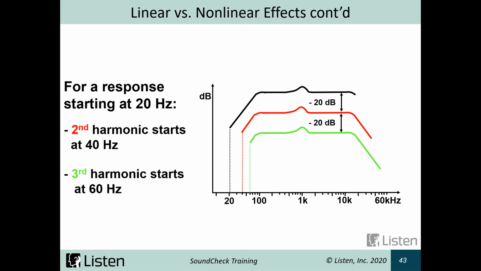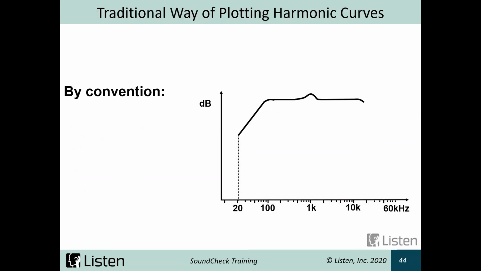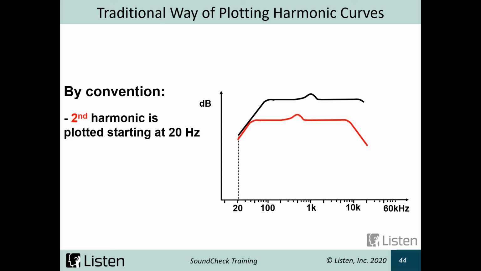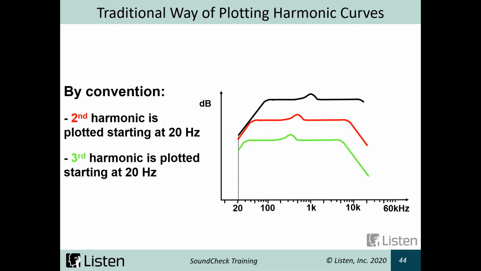Let's assume that I have a device where every harmonic is 20 dB lower than the one before it. When you plot these harmonic curves the traditional way, you take the second harmonic and you place it starting at 20 hertz. You take the third harmonic, you plot it starting at 30 hertz.